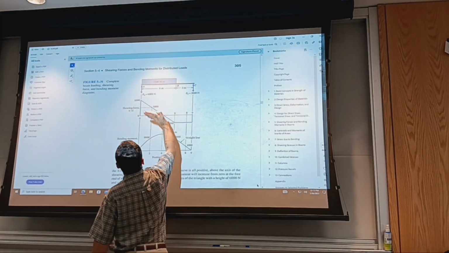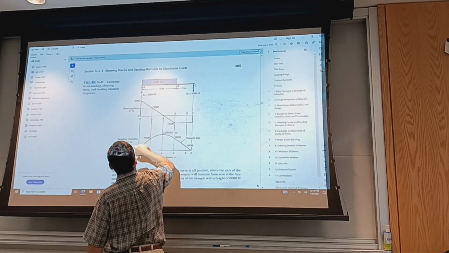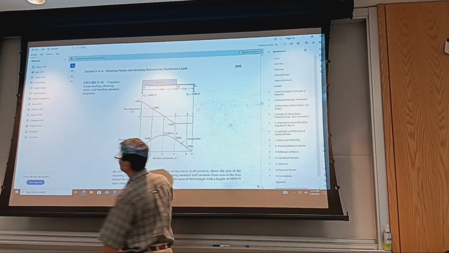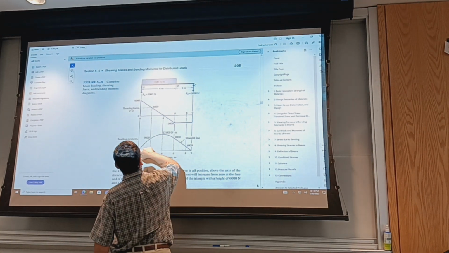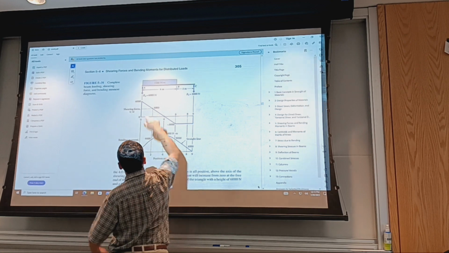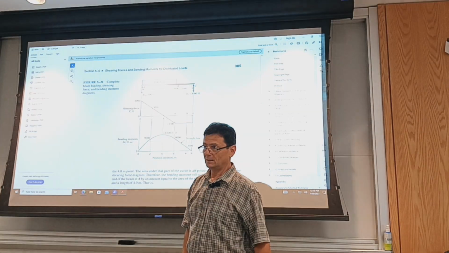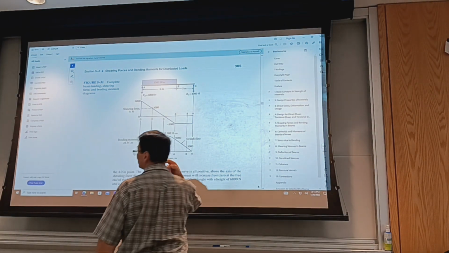And then if you go from shear to moment, remember before we had straight lines, but with slopes. Here I have a parabola. With distributed loads, I have sloped straight lines. It could be straight if it's a constant moment.